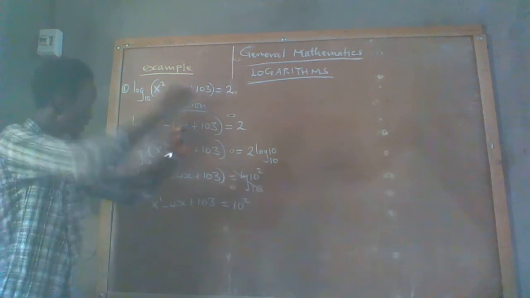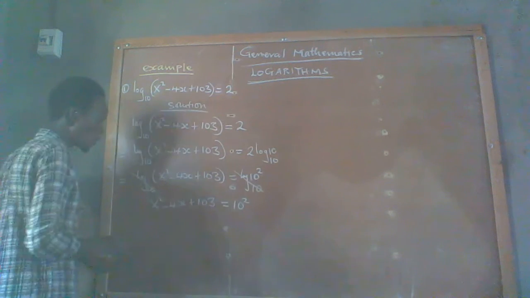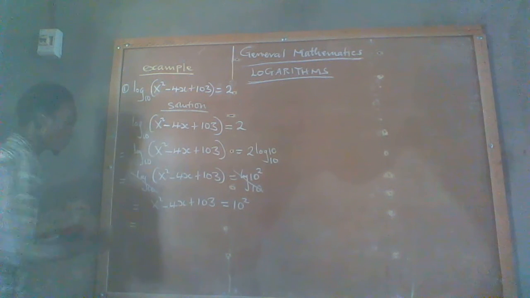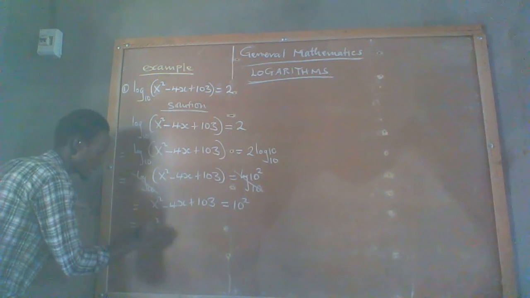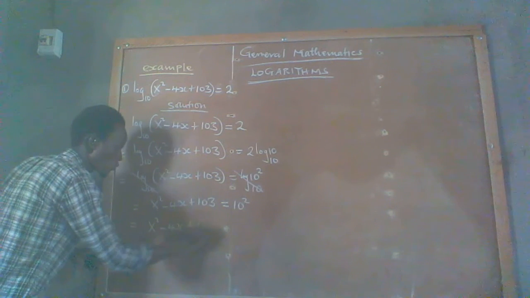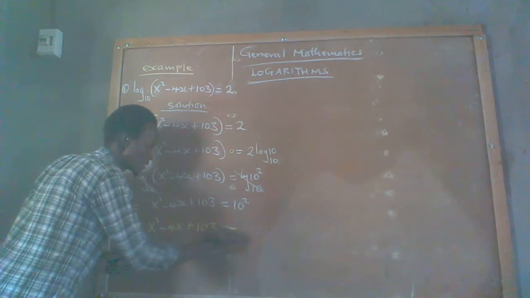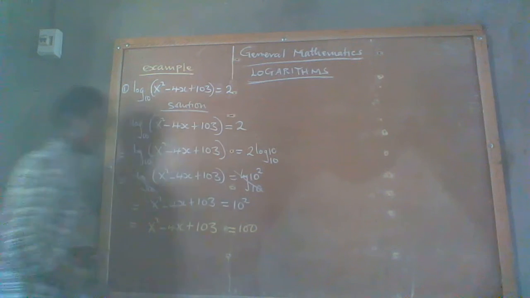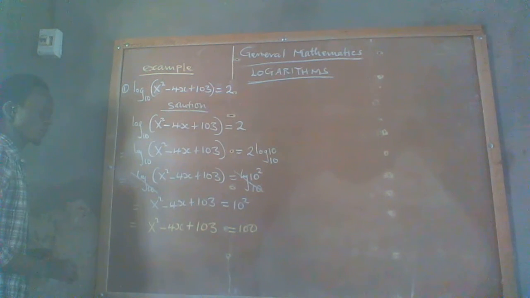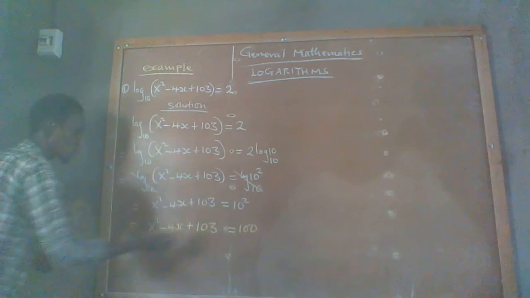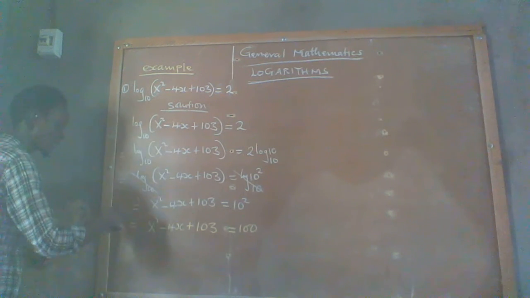So from this, let's proceed further. This is now equal to x square minus 4x plus 103 is now equal to 10 raised to the power 2, which simply means 100, okay? Now, in this case, let's transpose this 100 to the left hand side.